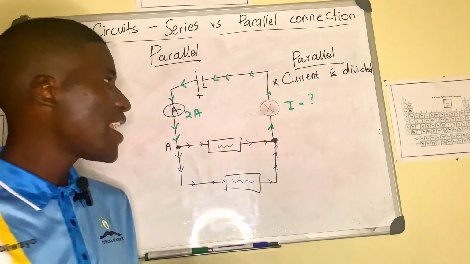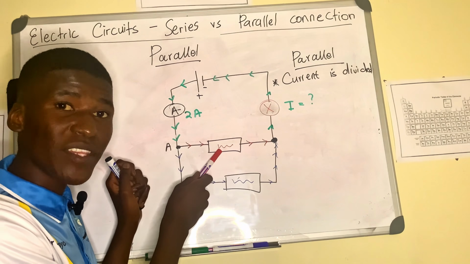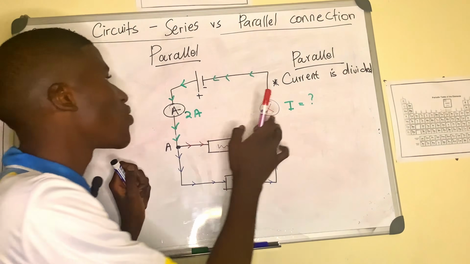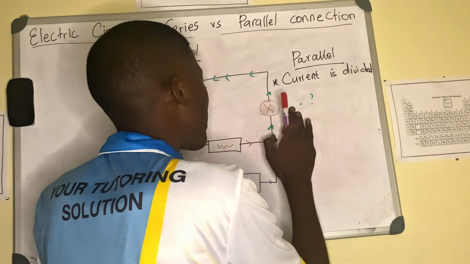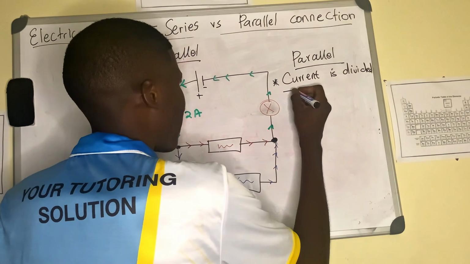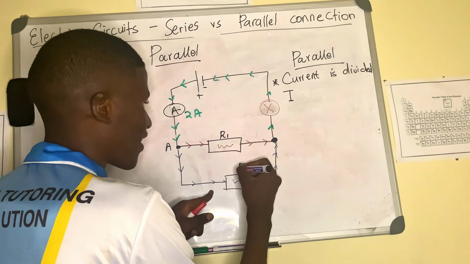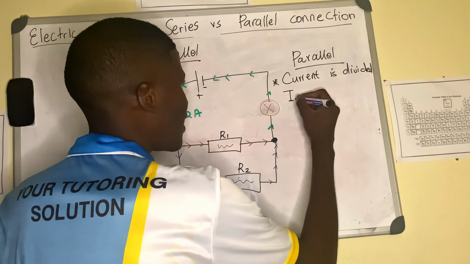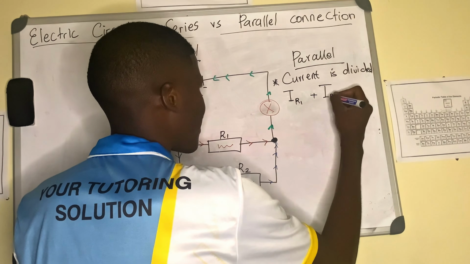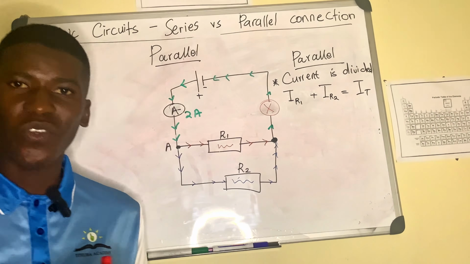So now when it is divided, some part of the 2 amperes will go to this resistor, and some part of the 2 amperes will also go to the other resistor. So it means that if I add the current in resistor R1 and the current in resistor R2, the current in R1 plus the current in R2 will give me the total current.